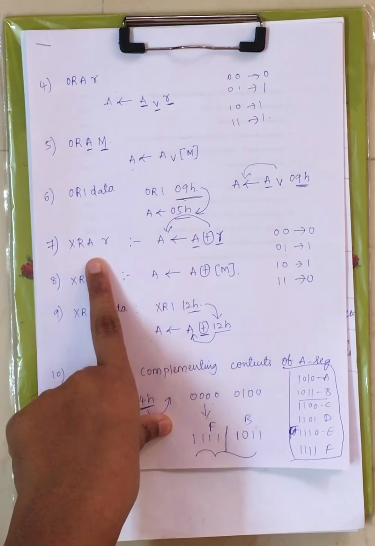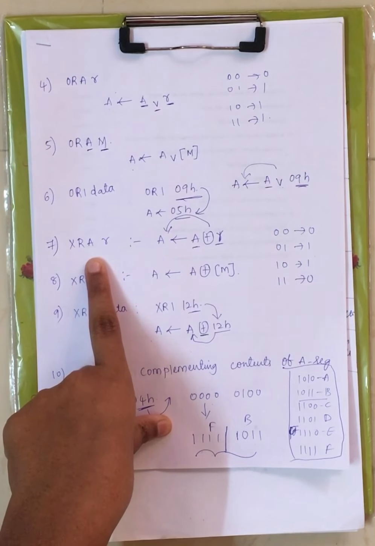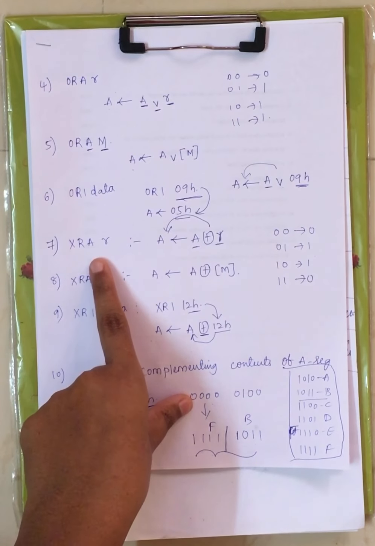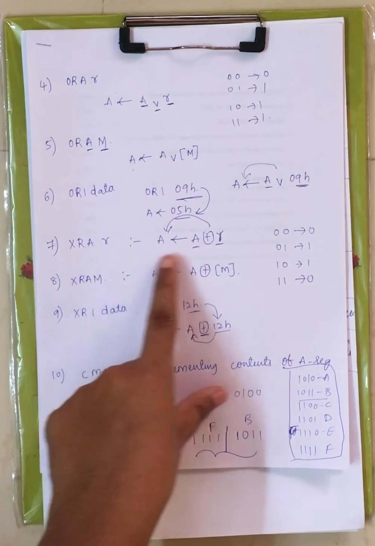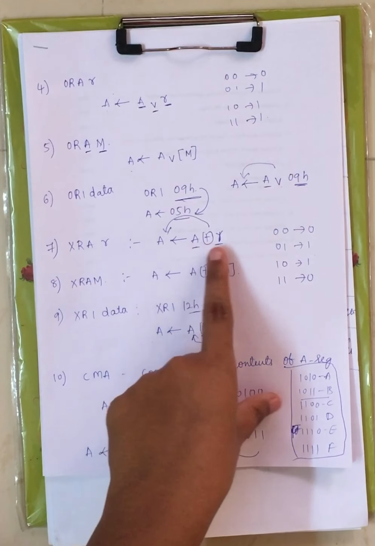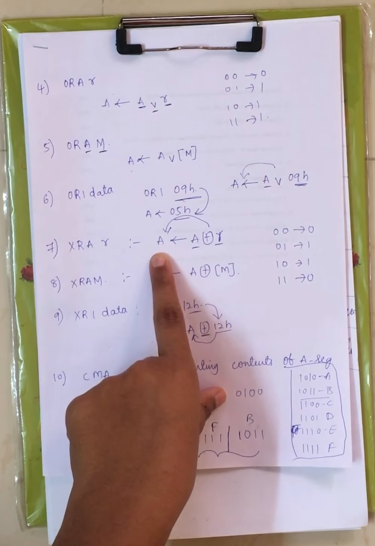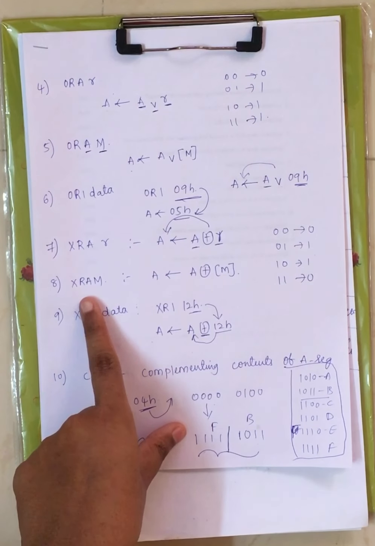Now coming to XRAR, the exclusive OR operation. This will do the exclusive OR operation between the contents of the accumulator and the contents of register R, and the result is stored in the accumulator itself. Now coming to the next instruction, XRAM.